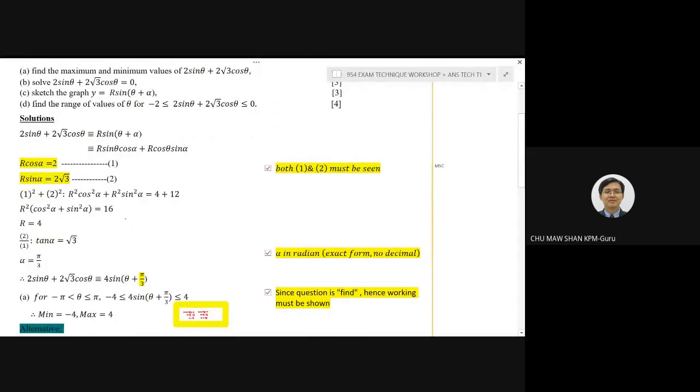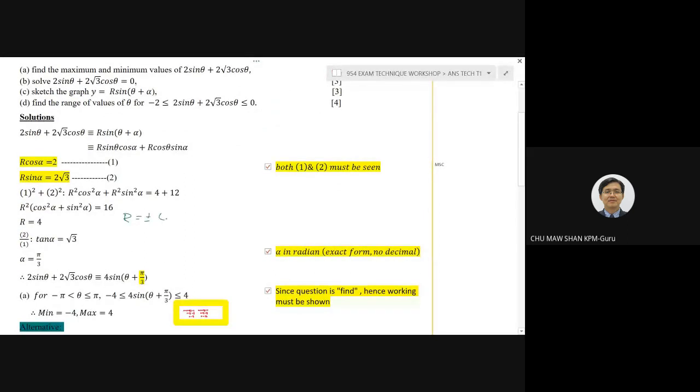Some people write it like that. Dangerous. Because we will assume this is your R. Never write more than that. So when you look for tangent alpha, when tangent alpha is sec 3, alpha is pi over 3.